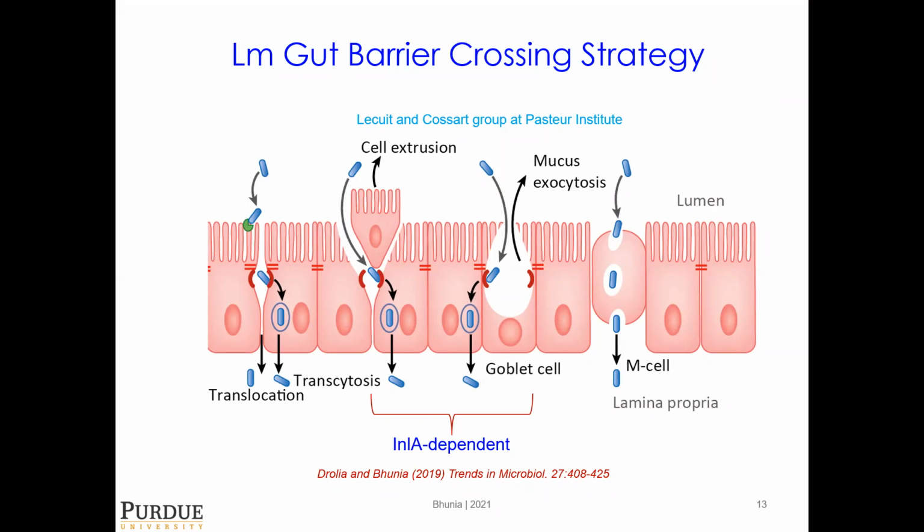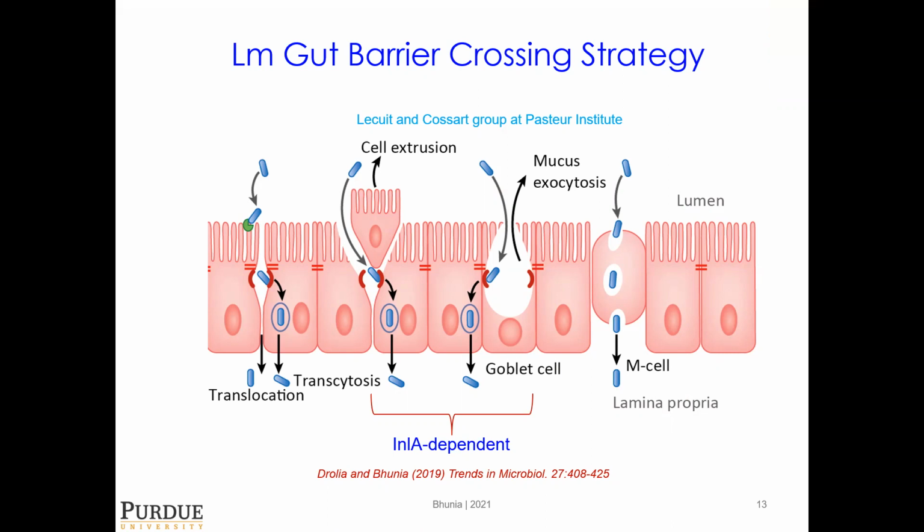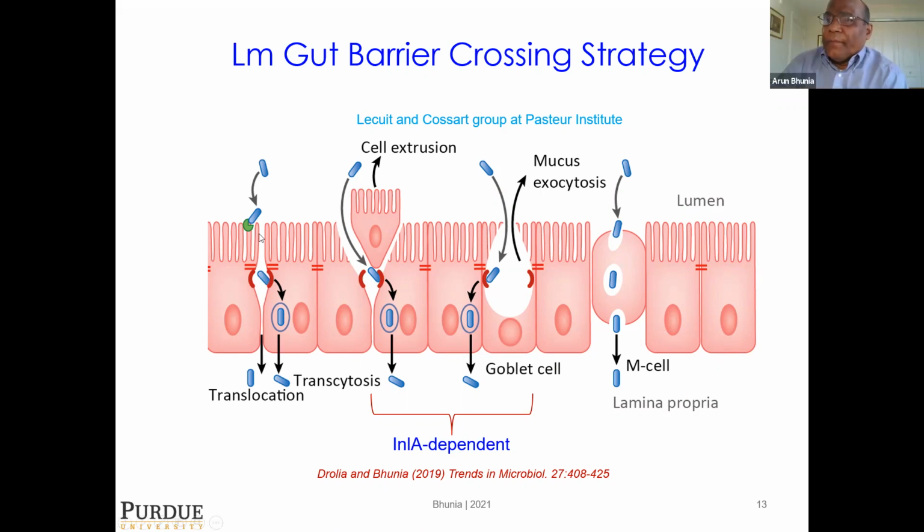In some of those clinical cases, they found that Listeria monocytogenes may not have a functional Internalin A, yet it still causes infection. So these are some of the questions where we started looking at an alternative pathway. One of the other pathways could be that the barrier may be open, and then Listeria can enter and pass through the epithelial lining.